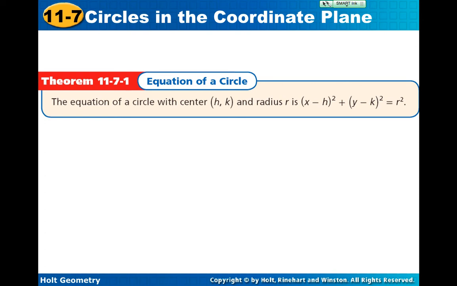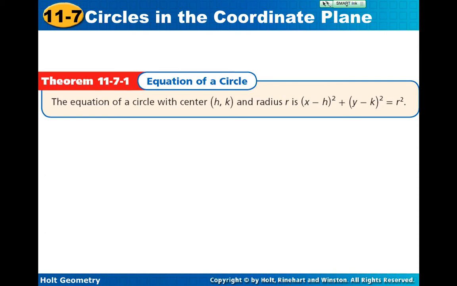The equation of a circle: the center is going to use the variables h and k in this equation, and the radius is r. So this equation would be (x minus h) squared plus (y minus k) squared equals r squared. (x minus h) squared plus (y minus k) squared equals r squared. So how would that be stated for the one that you just did?